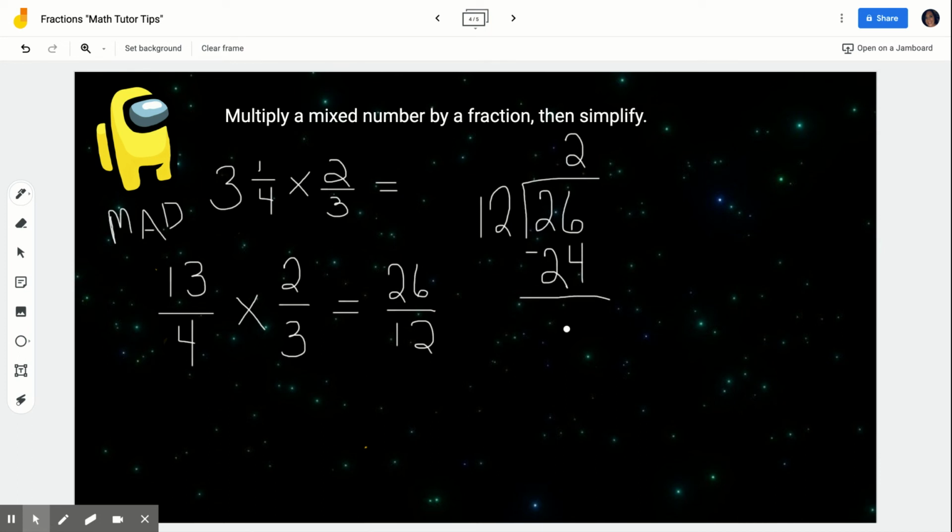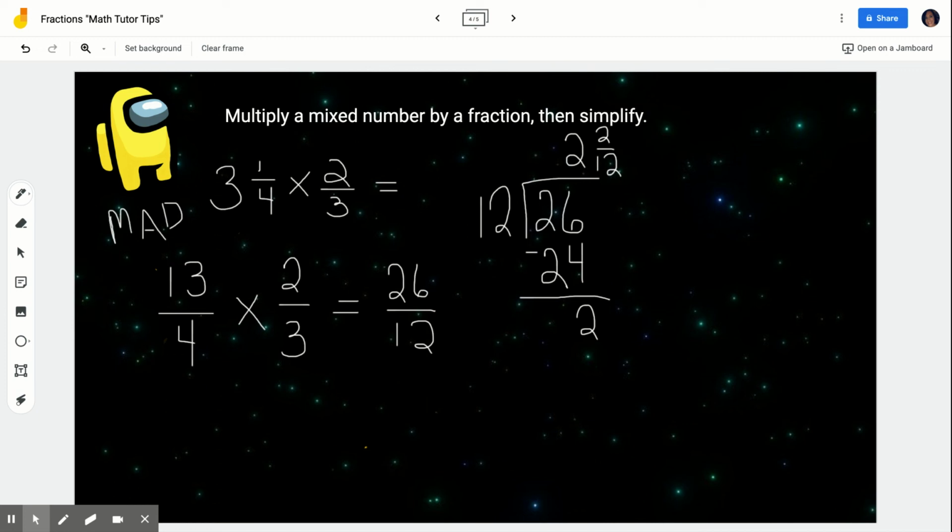So I'm going to subtract and use my remainder as my numerator. So the remainder becomes how many pieces out of the whole that we have. So we have 2 pieces left over. 12 pieces would make one whole. So I have 2 out of 12 pieces.